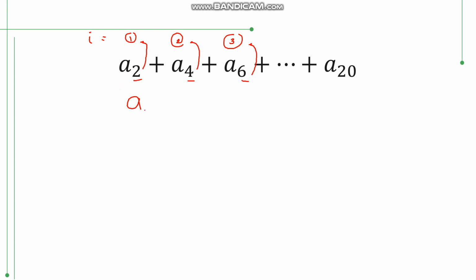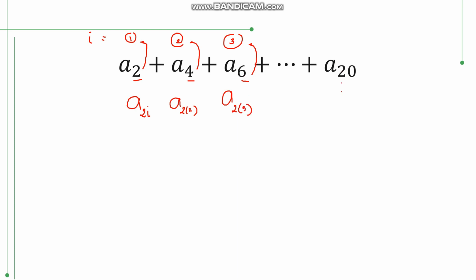So that means we can write here 2i. So again, if i is 1, we get a sub 2 times 1, which is 2. If i is 2, we have a sub 2 times 2, which is just a sub 4. If i is 3, then we have a sub 2 times 3, which is a sub 6.